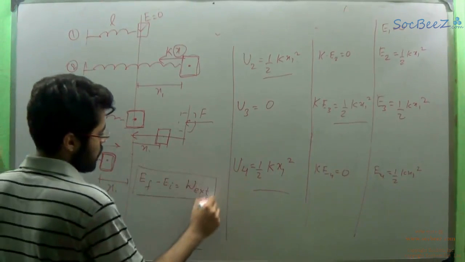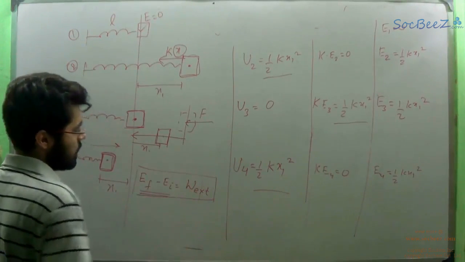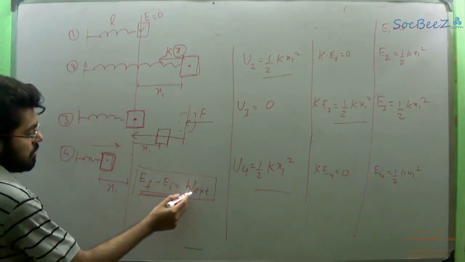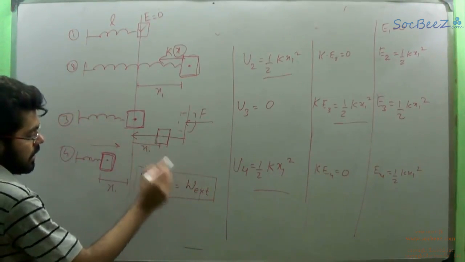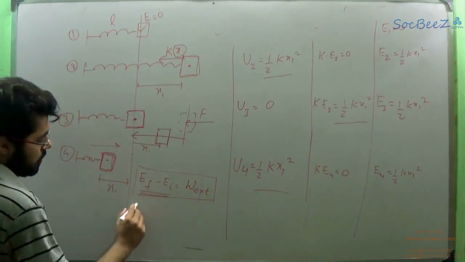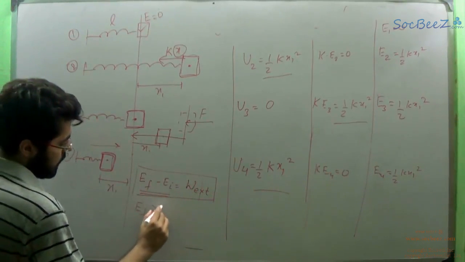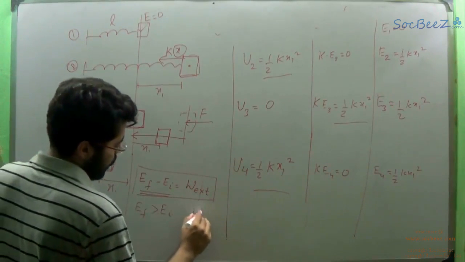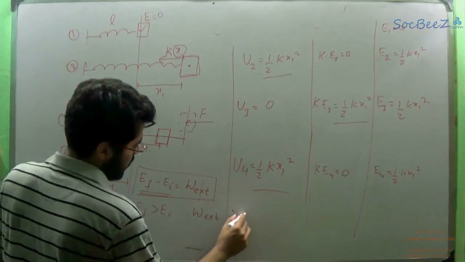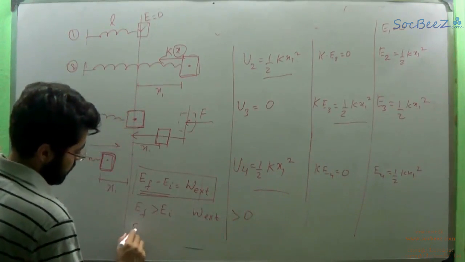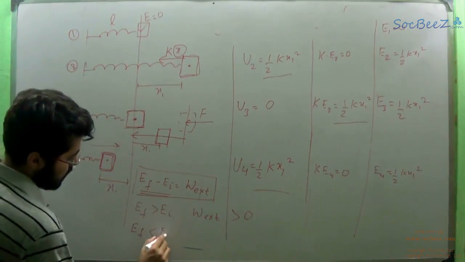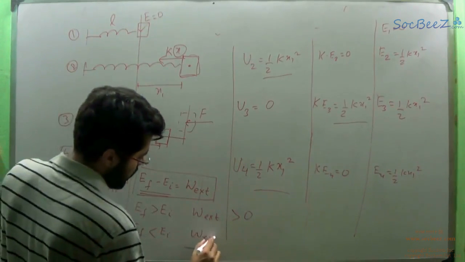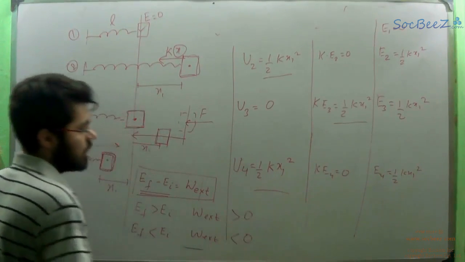So the external force will change your mechanical energy. If this work is positive, your EF will increase. If it is negative, your EF will decrease. So EF is greater than EI when work external is greater than 0, and EF is less than EI when work external is less than 0.